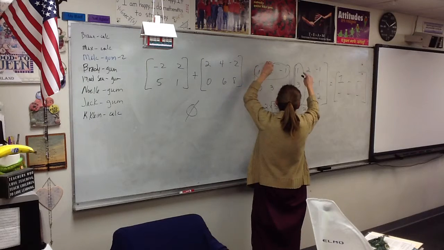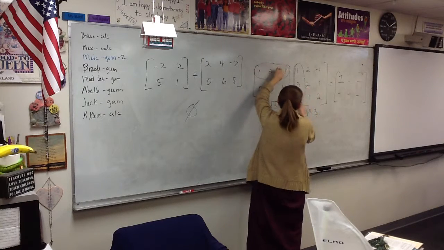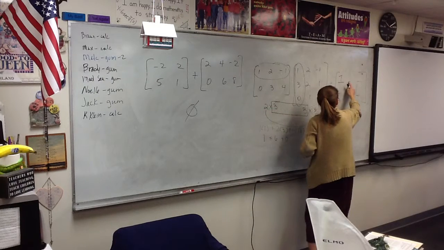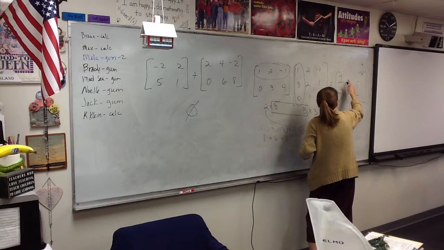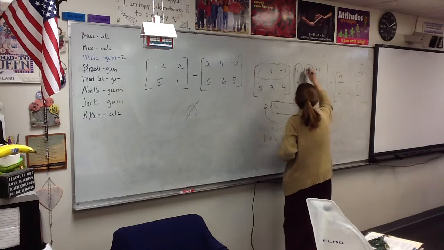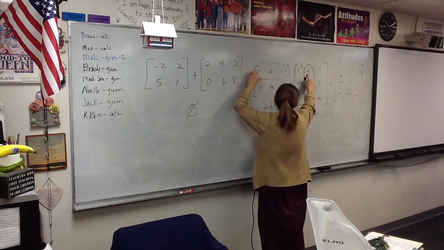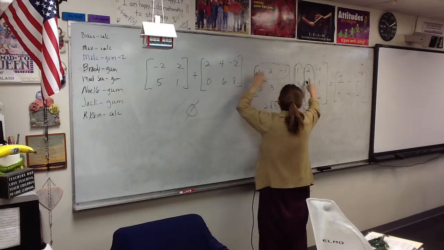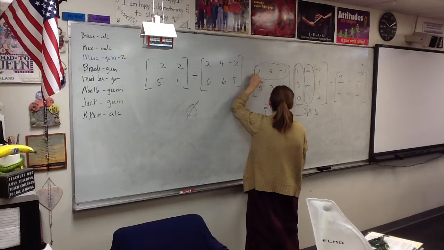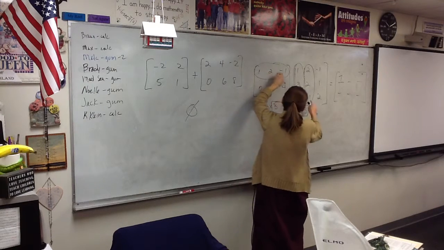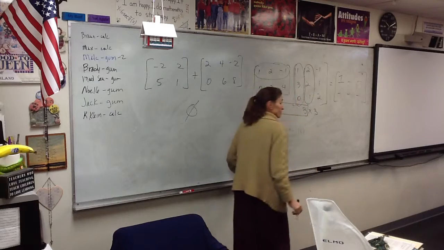First times first, second times second, third times third. Now I move over and I'm going to find this number. Now how am I going to find that number? First row, second column. So first times first, second times second, third times third. So first times first is 2, second times second is 4, and third times third is -1.